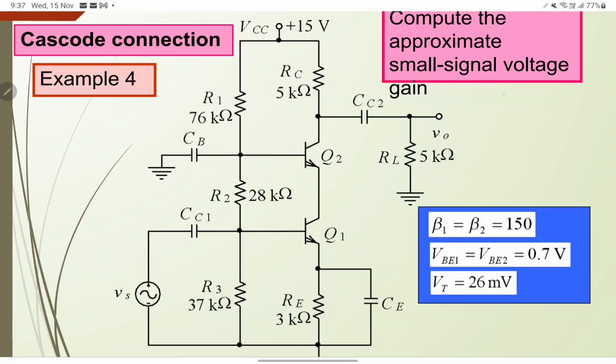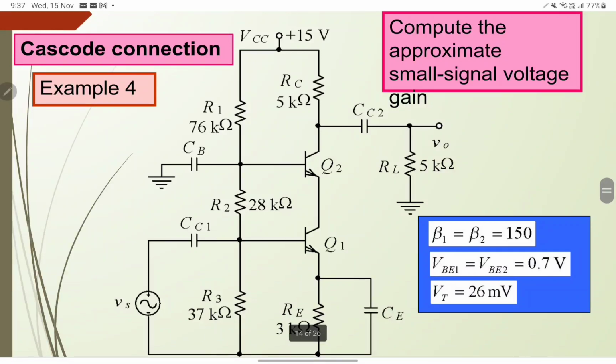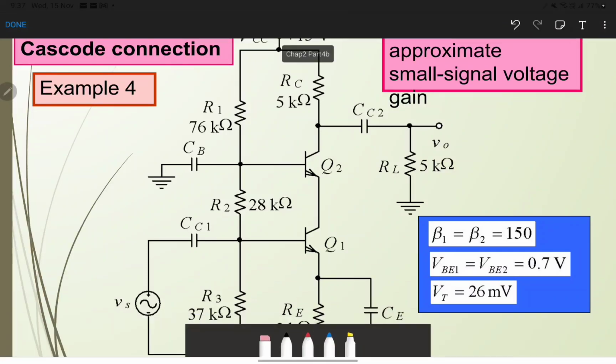The example requires us to practice finding the Av. The given parameters are beta 2 and beta 1 are equal, VBE equals 0.7, where VT is 26 millivolt or 0.026.